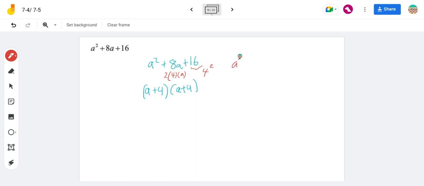If you look at a squared plus 2ab plus b squared, if you haven't forgotten, the perfect square formula is (a plus b) squared. If you plug in 4 for b, it is equal to the whole expression a squared plus 8a plus 16.